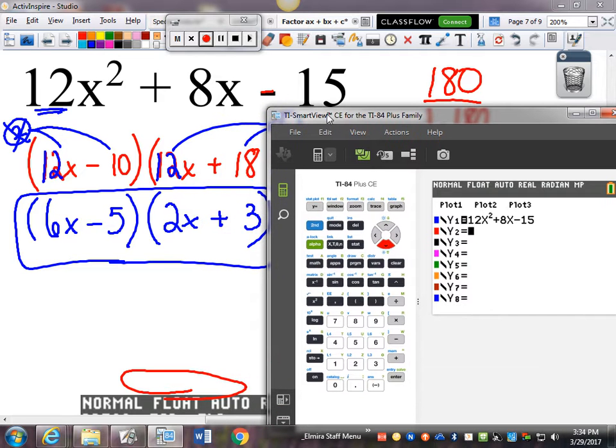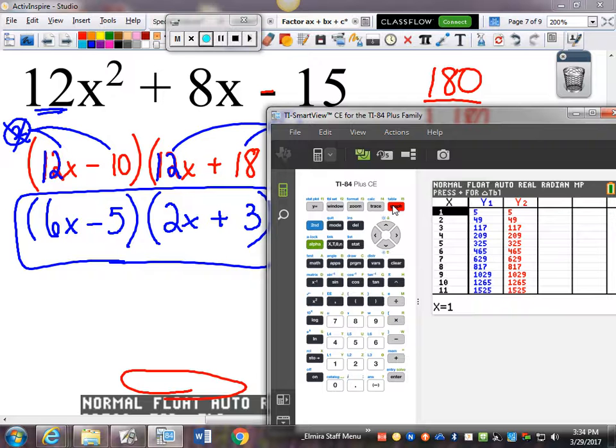So 6x minus 5 and 2x plus 3. Now, don't look at the graph because sometimes the graph won't show up. Look at the table. And as long as your y1 column and your y2 column match, you did it right. If they don't match, it doesn't tell you what's wrong, but at least it tells you you did something wrong, and to go back and check your work.